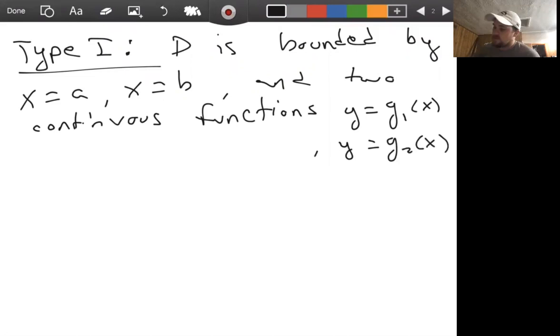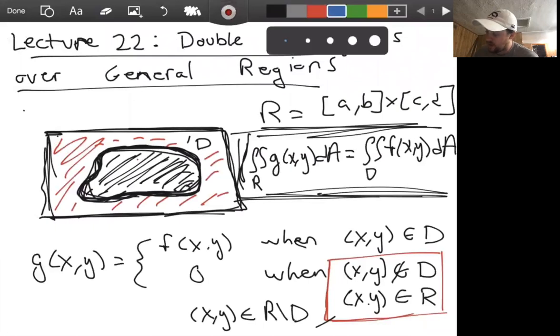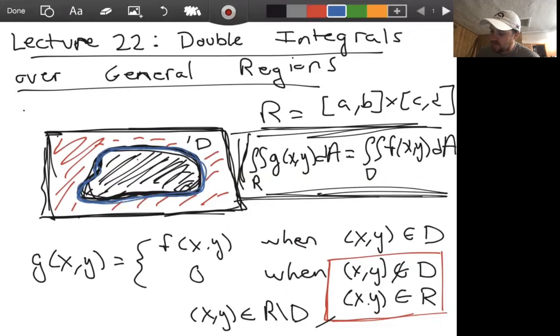These functions, or this domain here, could be extremely complicated, like the boundary of this domain can be arbitrarily complicated. And so because of that, we want to think of the boundary as a collection of smooth curves, right?